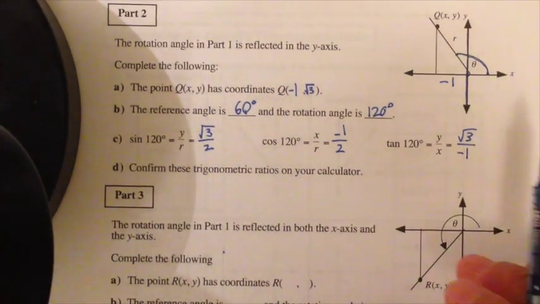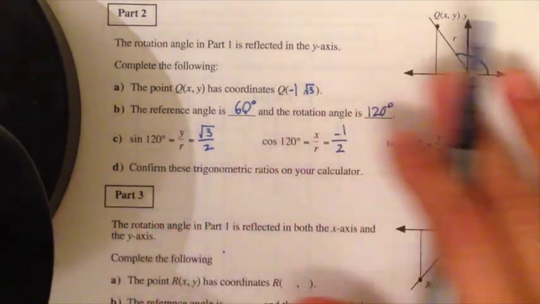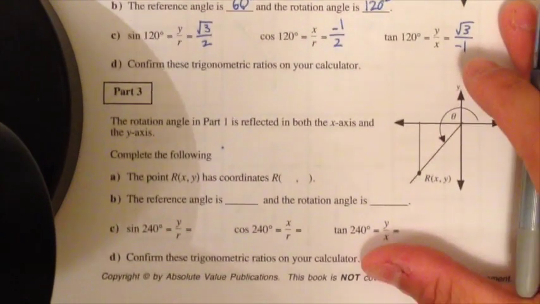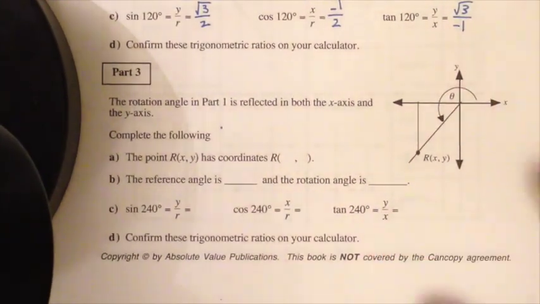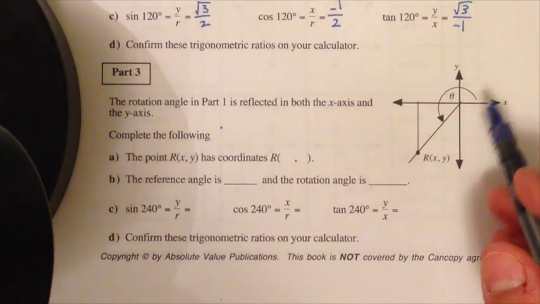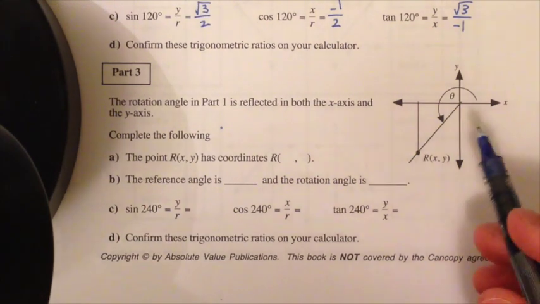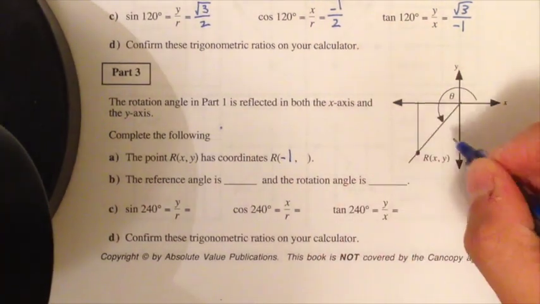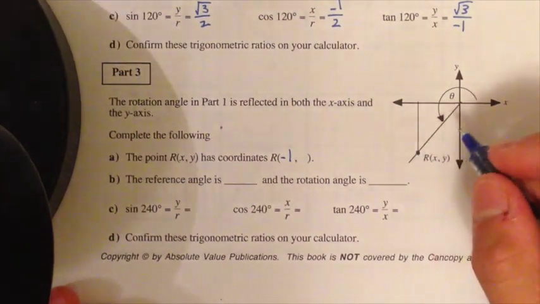Okay, and for part 3, it is almost exactly the same. The rotation angle in part 1 is reflected in both the x-axis and the y-axis. If this is the case, then we know that I'm going to have two negatives for my initial values of 1 and rad 3.